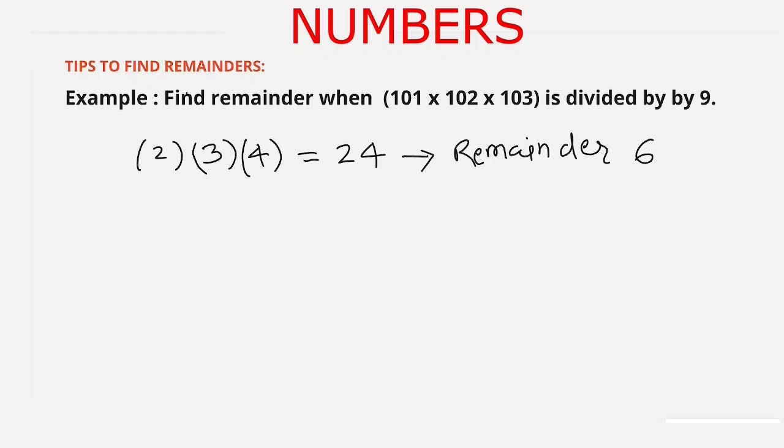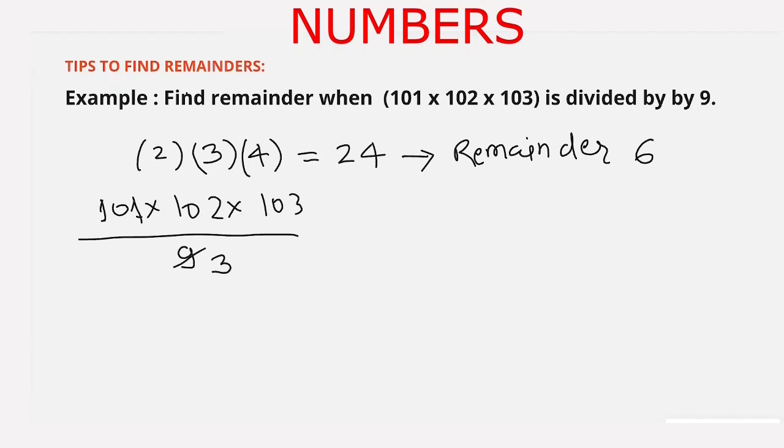But can we do it like this? 101 multiplied by 102 multiplied by 103 upon 9. 3 times 3 is 9 and we can cancel 102 by 3. 3 times 3 is 9 and 3 times 4 is 12. Can we do it this way and then find the remainder?